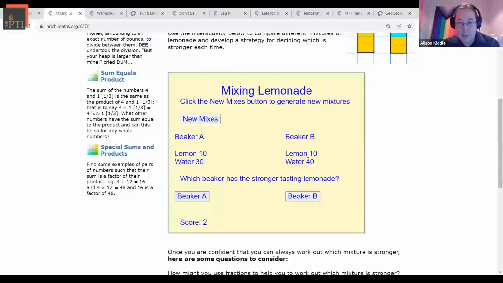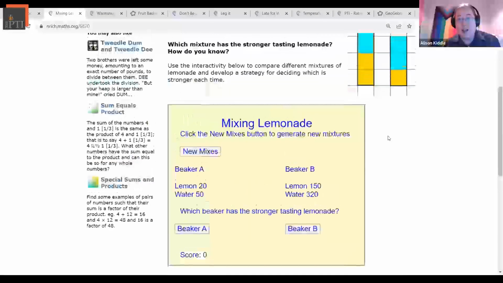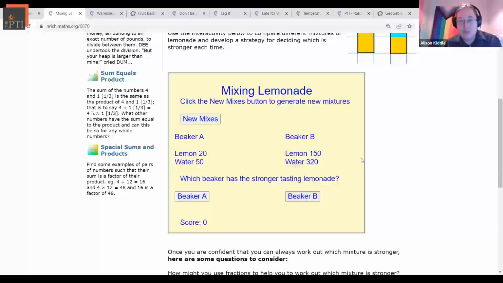So this one's got more water in, and so I'm going to say that it tastes stronger. Oh no, I got it right and it reset my score to 0. But you could set the challenge: who can manage to get their score up to 10? Who can get 10 in a row correct? And then that can be a way to show that you've really gained the fluency in this activity.